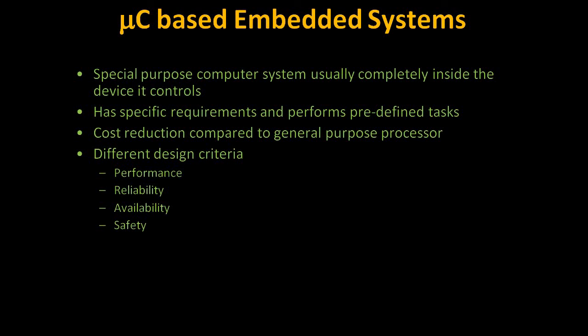It has specific requirements and performs predefined tasks. There is cost reduction compared to a general purpose processor, and it has different design criteria like performance, reliability, availability and safety.